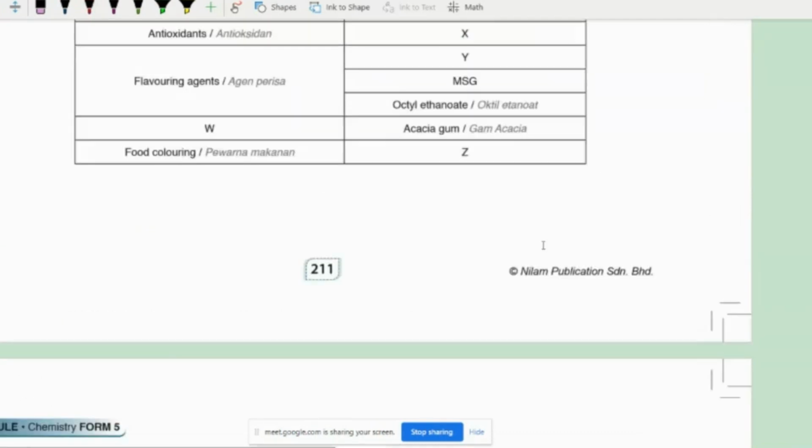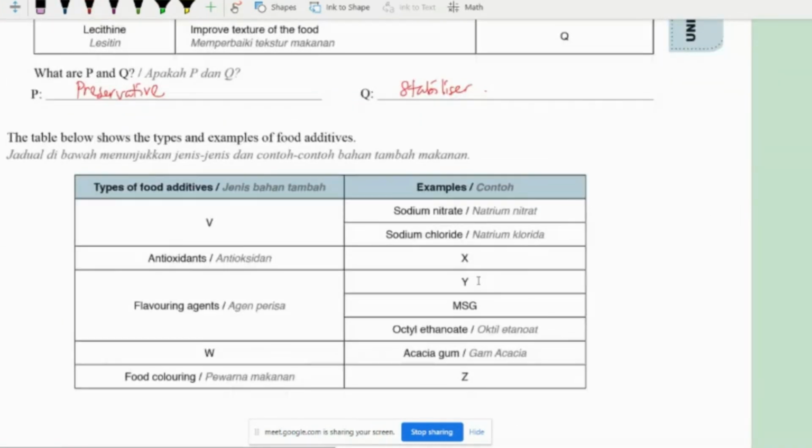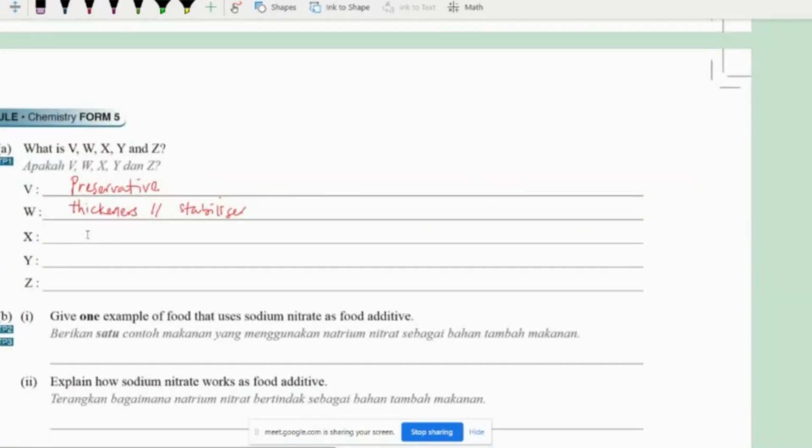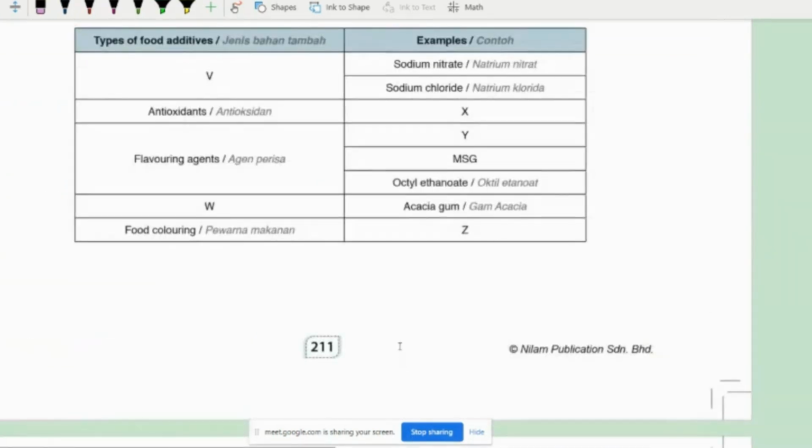How about X? What is X? Antioxidant. Example? What have you written for X? Citric acid. Okay, can. What else? Ascorbic acid, which is vitamin C. How about Y?